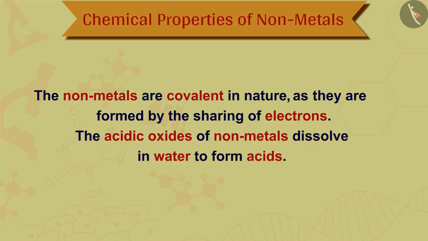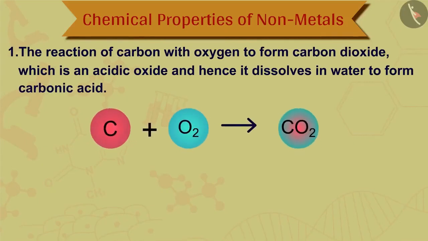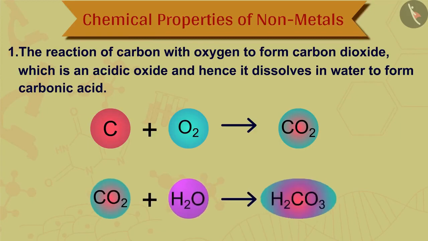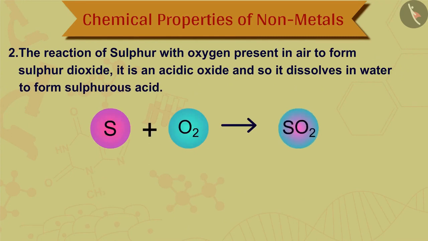Let us look at their reactions. 1. The reaction of carbon with oxygen to form carbon dioxide, which is an acidic oxide, and hence it dissolves in water to form carbonic acid. 2. The reaction of sulfur with oxygen present in air to form sulfur dioxide.